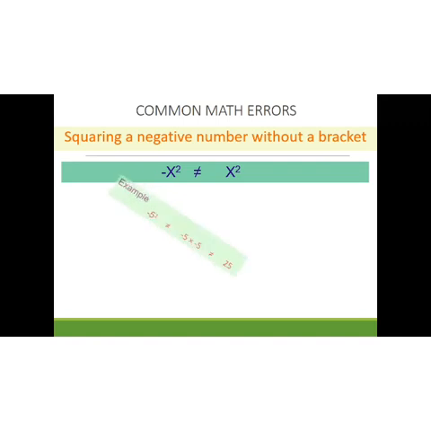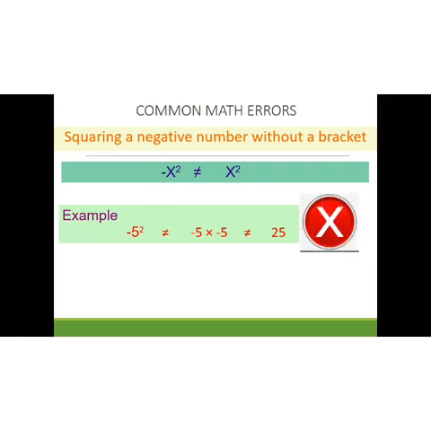Let's look at an example. If I say minus 5 square, that's not the same as minus 5 times minus 5, and so it shouldn't be 25. This is what it should be. Minus 5 square means minus, separated, and then 5 times 5 in brackets, and then you get minus 25.